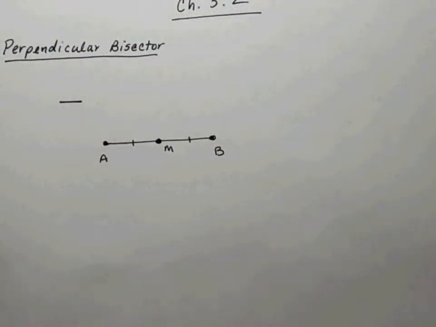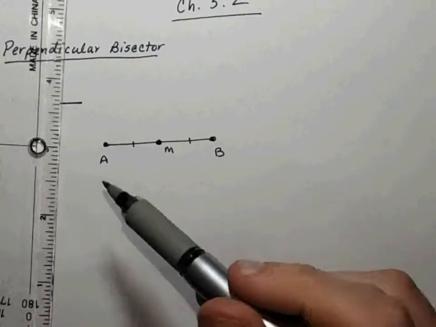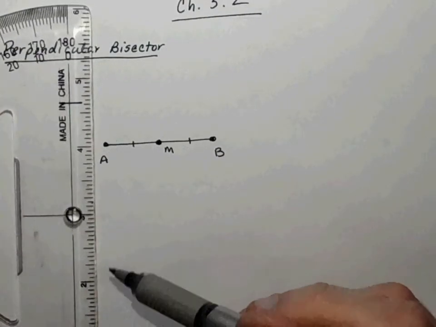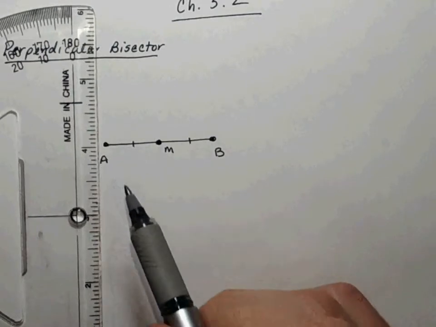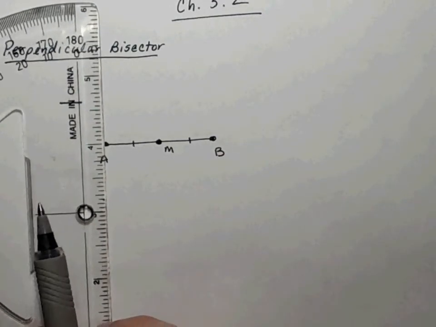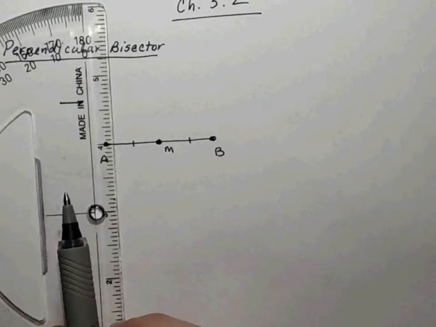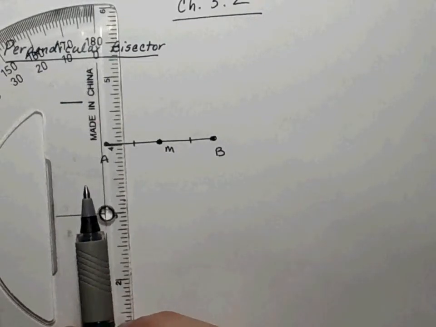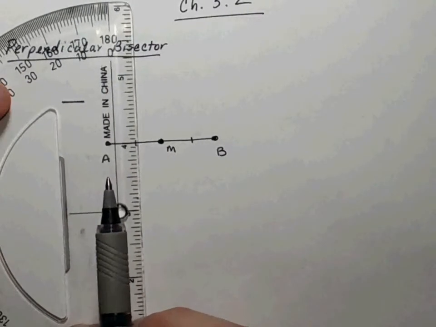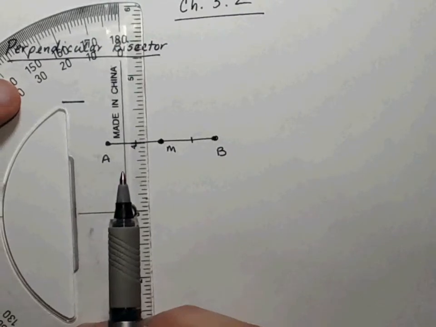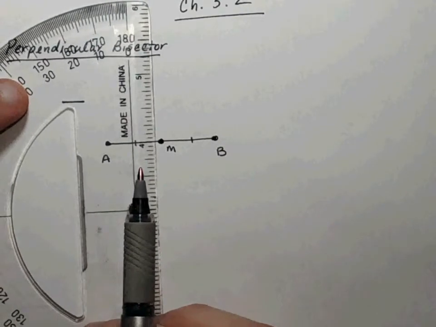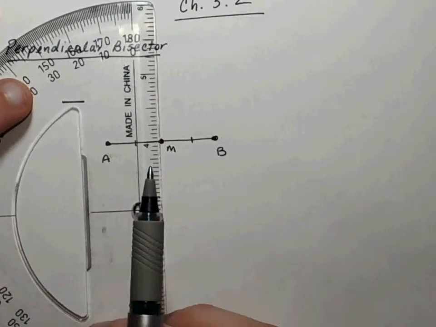What I'm going to do is pick a line on my ruler. I'll use this one next to the 4. I'm going to line it up on top of the line that I'm looking at, and scoot it over until I get to my midpoint.